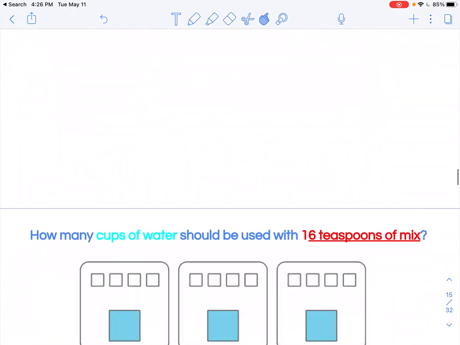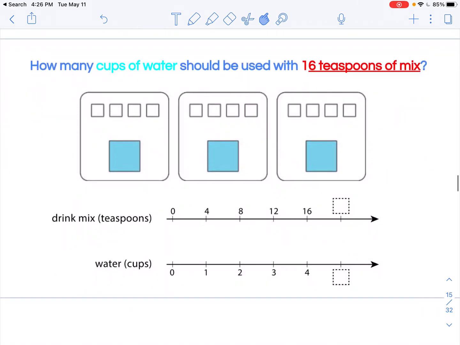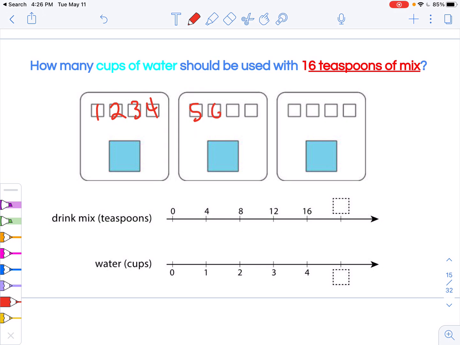Let's try another problem. How many cups of water should be used with 16 teaspoons of mix? Let's start with the ratio diagram. I need 16 teaspoons of mix. 1, 2, 3, 4, 5, 6, 7, 8, 9, 10, 11, 12.